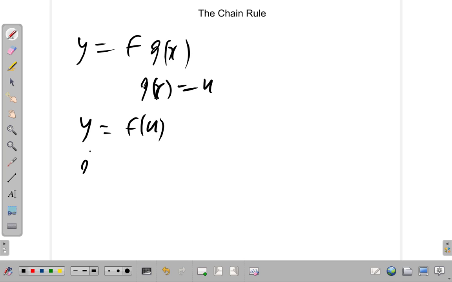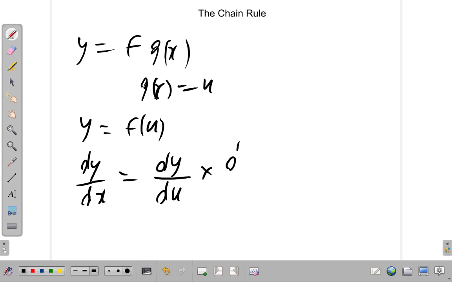Then dy by dx is equal to dy by du multiplied by du by dx. So you notice that you will cancel u here, so what you really end up with is dy by dx.